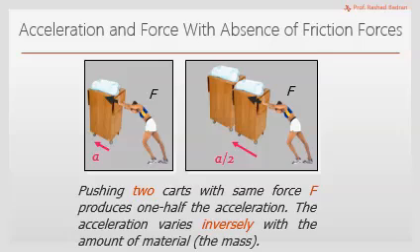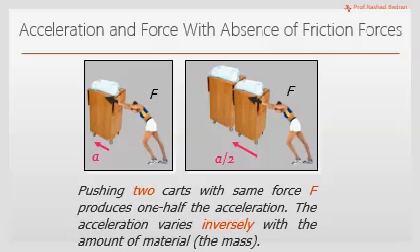Here, if she keeps her force in the first case as is with F and having a mass of 1 cart, we expect an acceleration to the cart of A. Now, if she's going to push 2 carts with her force F, what do we expect the acceleration is going to be?